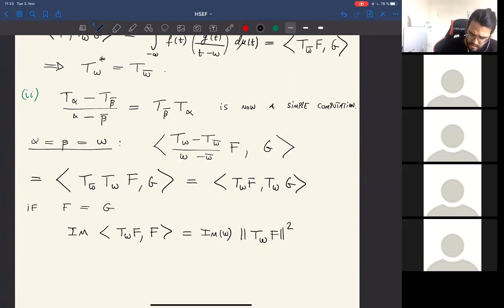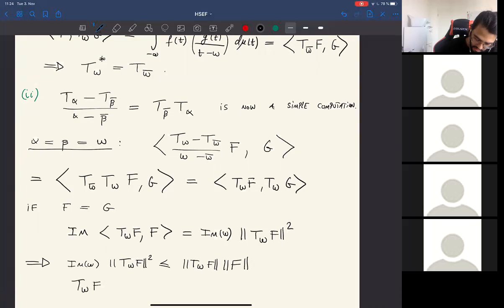Okay, so now you can just apply the Cauchy-Schwarz inequality, and you will see that the imaginary part of W times the norm of TW F squared is less than or equal to the norm of TW F times the norm of F. Then you can cancel the norms.